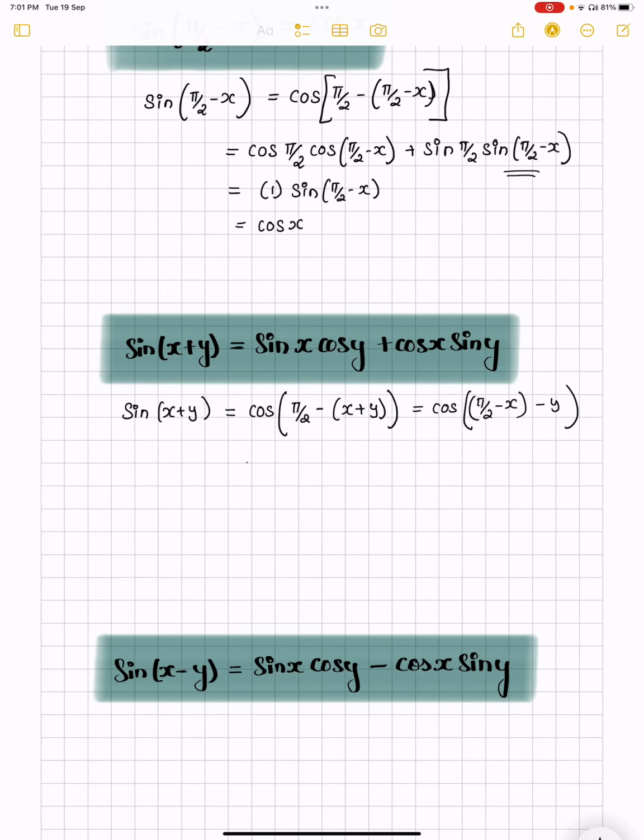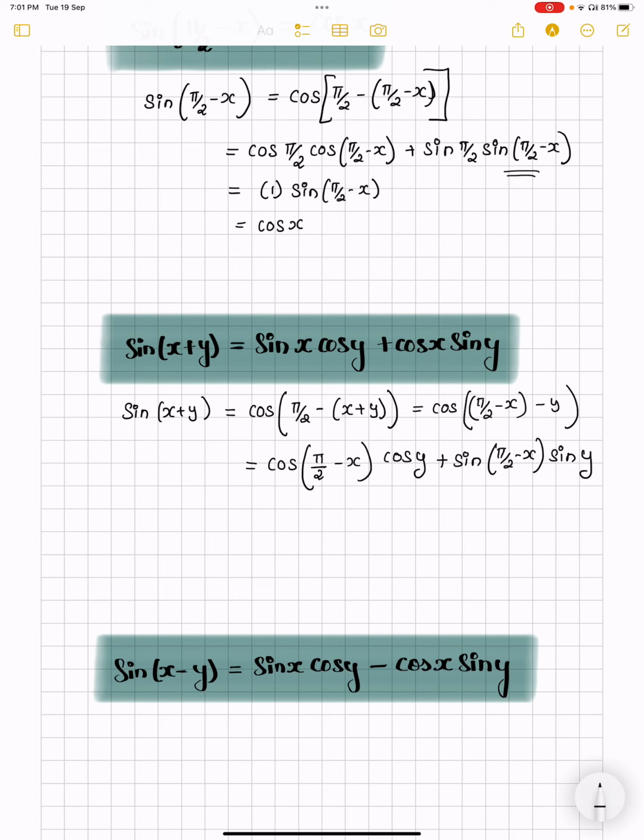Cos of a minus b is equal to cos a cos b plus sin a sin b. So I would be getting cos of pi by 2 minus x, cos y, and then plus sine of pi by 2 minus x and then sine y.